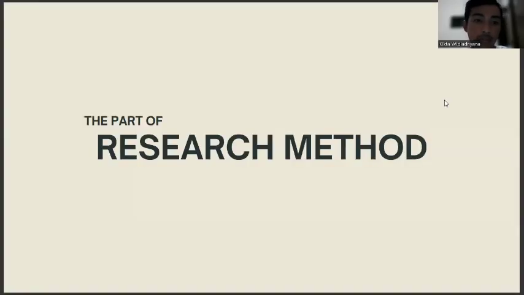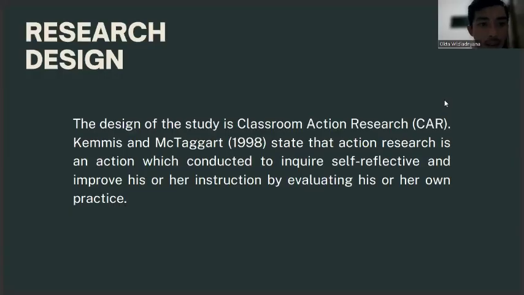The third chapter is the part on research methods. The design of the study is classroom action research, or CAR. From Kemmis and McTaggart, 1988, action research is an action conducted to inquire, be self-reflective, and improve one's interaction by evaluating one's own practice.